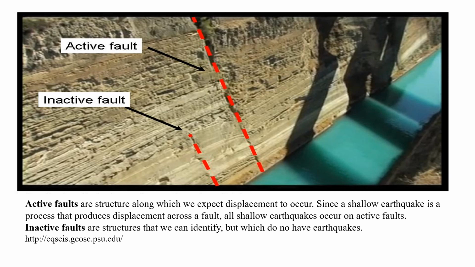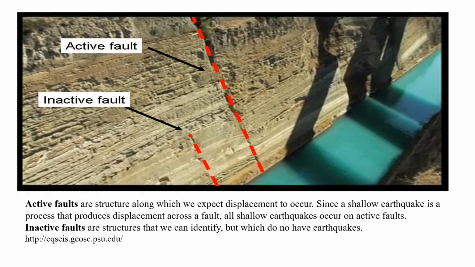So, madali lang i-differentiate. Active fault has the capacity to displace or to move or to produce earthquake sooner or later, while inactive fault, mga bata, ito ay recognizable, kaya nating ma-identify yung crack or yung fault dati, pero itong fault na ito ay wala nang kakayahang mag-produce ng earthquake.